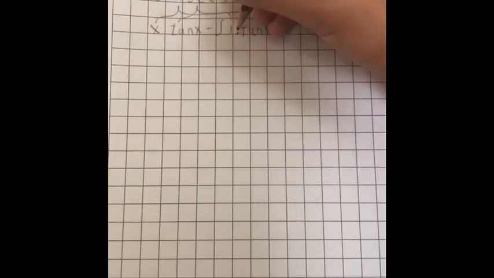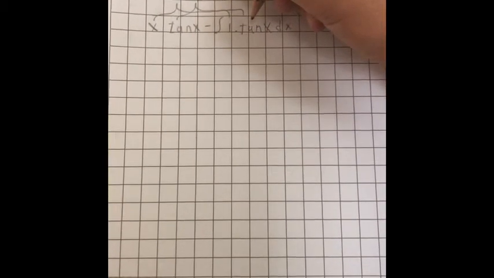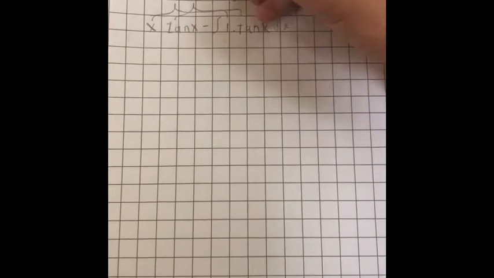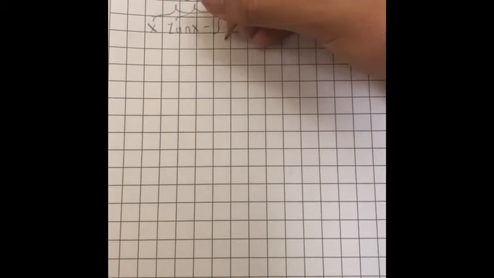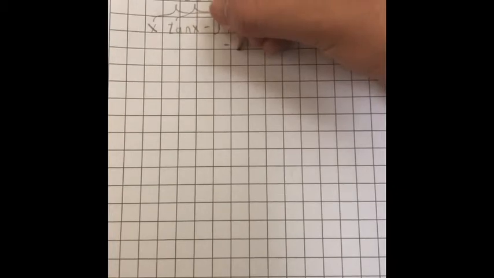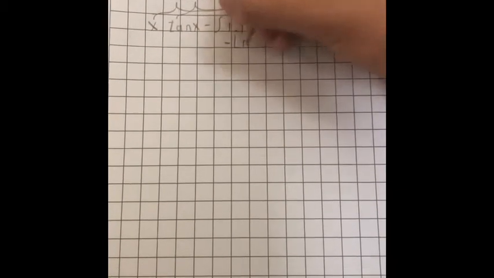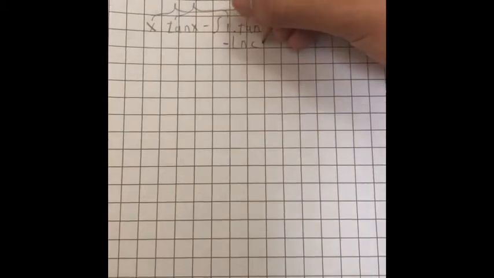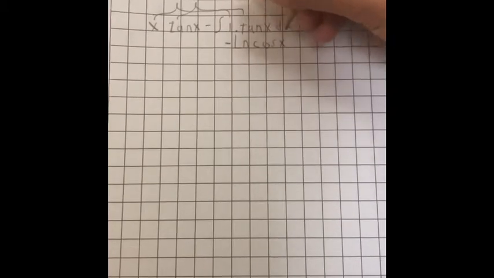Then the integral of tan x dx is negative ln cosine x.